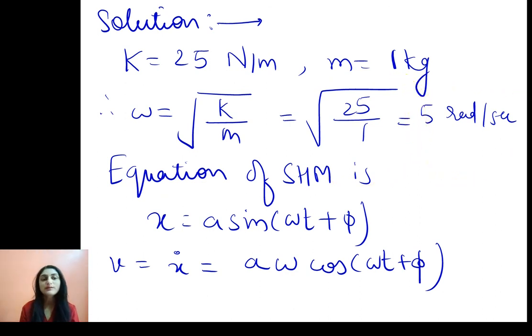Now the equation of simple harmonic motion is x equals a sin(omega t plus phi). Velocity is dx by dt, that is x dot. The derivative of sin(omega t plus phi) is cos(omega t plus phi) into omega, so velocity is a omega cos(omega t plus phi).